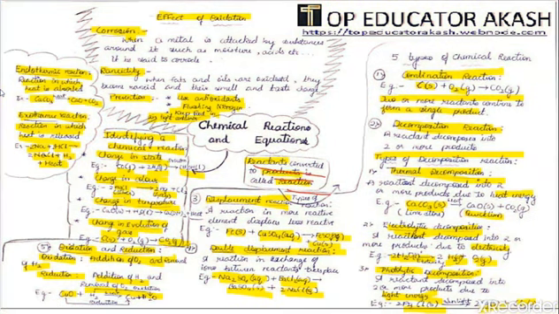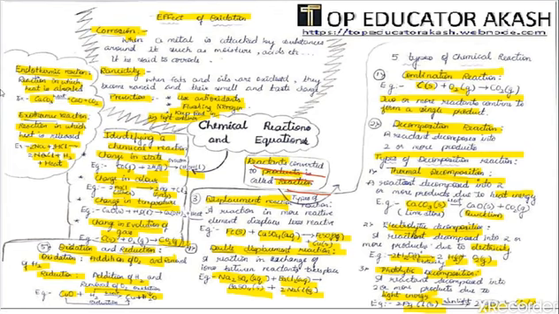So let's start with the effects of oxidation. In your daily life, you might have observed that something reddish brown has deposited on iron. What is that? That is corrosion. Why does it happen? When a metal is attacked by substances around it such as moisture, acids, etc., it is said to corrode.